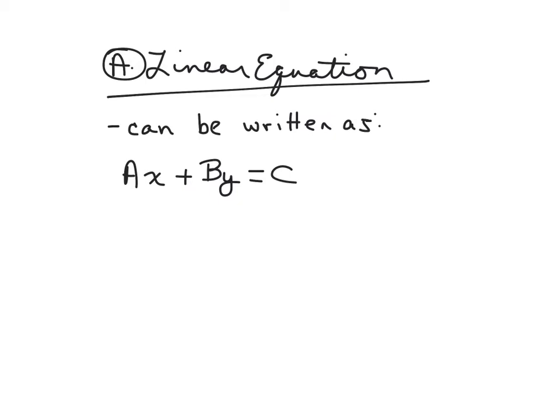Here's what I want you to notice. The x is being raised to the first power. The y is being raised to the first power. So therefore, many times you'll hear a linear equation defined as a first degree equation.